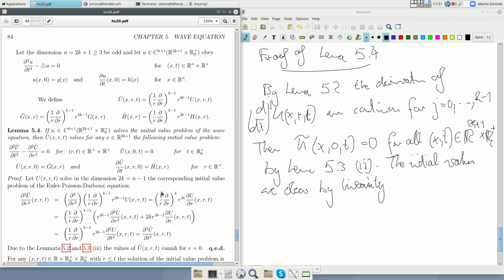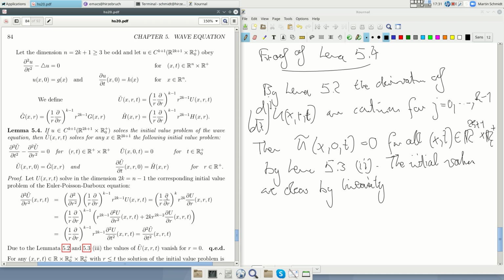Okay, now one term we leave and the other one we calculate. We do this calculation again, and we have to take one derivative. Also here we let both derivatives act on the u, and we have 1 over r, so we get this term.